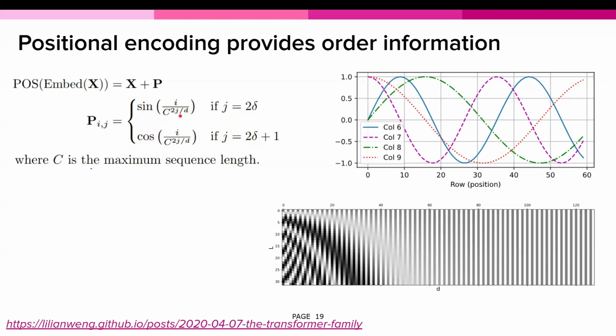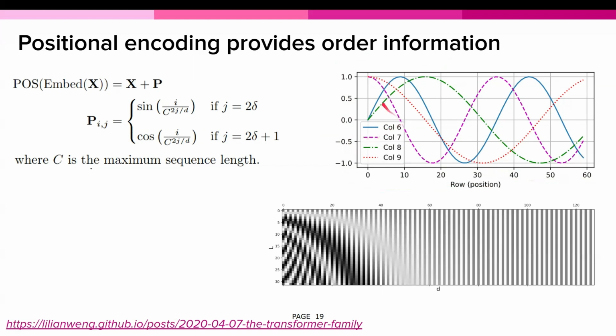And then d appears as scaling the frequency term of the sine or cosine function. So each embedding dimension is going to oscillate at a different frequency. So yeah, at the top here are some examples of positional encoding values for different dimensions across positions. So the x-axis is the position, and then the y-axis is the value of the positional encoding matrix element.